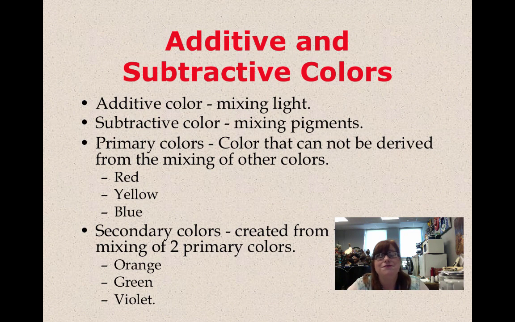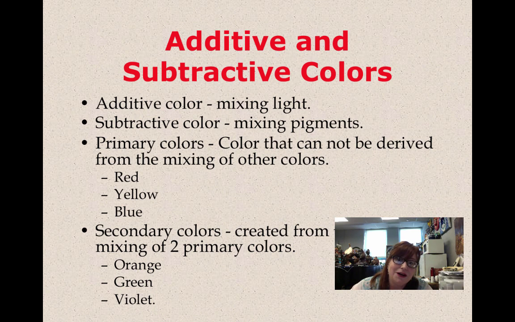All right, some more vocab. Additive and subtractive colors. Additive color is something that we see in theater. Those of you who are theater majors or have worked in theater might be familiar with the idea of using lights on the stage to mix light, and they create a different effect. And subtractive color is when you're mixing pigments, as in paint.